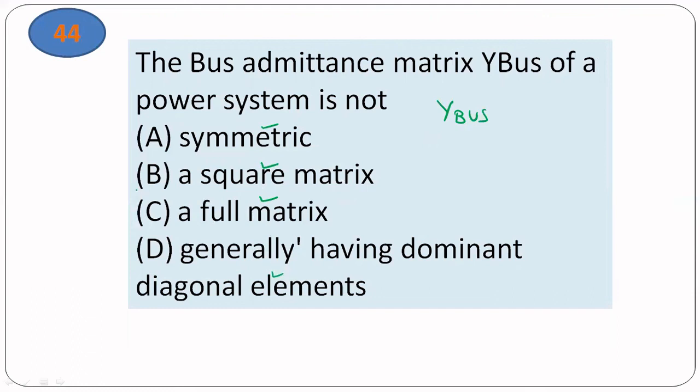Among these you have to check out the option which is not a characteristic of it. It is a symmetric matrix, square matrix, and generally having dominant diagonal elements. But it is not a full matrix. That is the option, select option C.